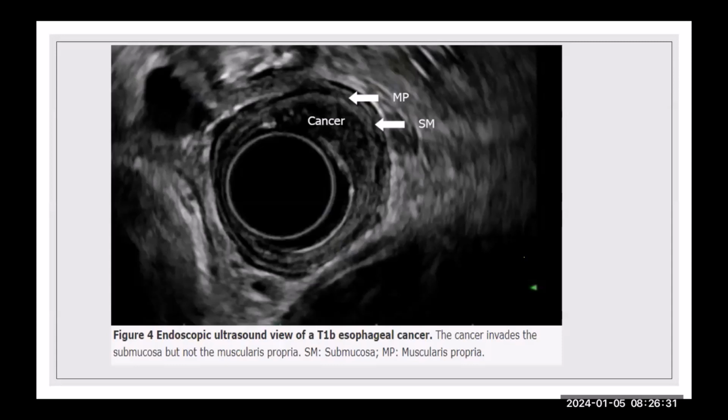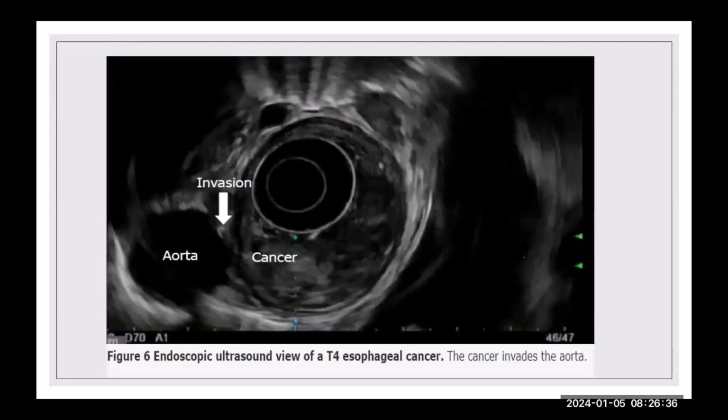So here the stage of the cancer is T1b. Here we can see that the endoscopic ultrasound is showing that the tumor is almost invading into the aorta. So here the stage of this cancer will be T4.